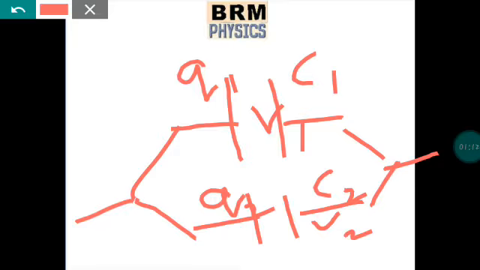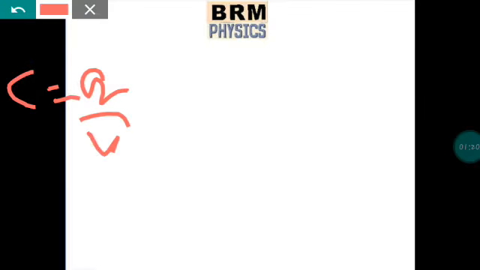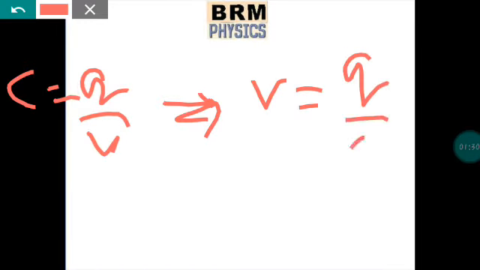We have the formula C is equal to Q by V. From this formula we can find V is equal to Q by C. By putting the value of Q and the value of C, we will get common potential.